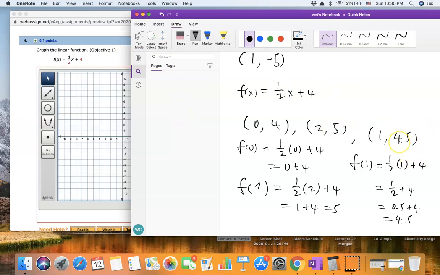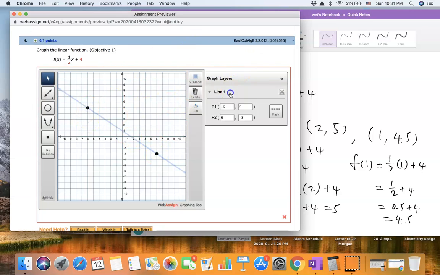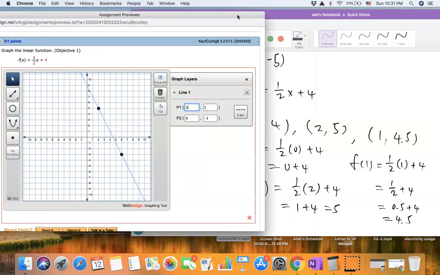If the coordinate contains decimals, then it's impossible for us to find that point on the coordinate system. But if we use the previous way, now we can do that. So 2 and 5, that's my first point, and the second point is 1 and 4.5.